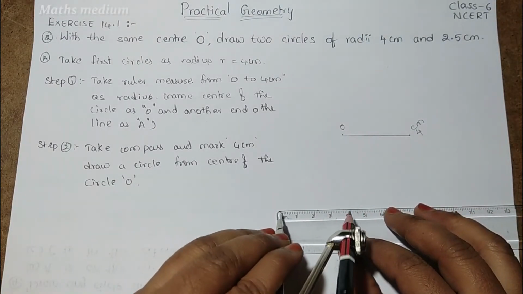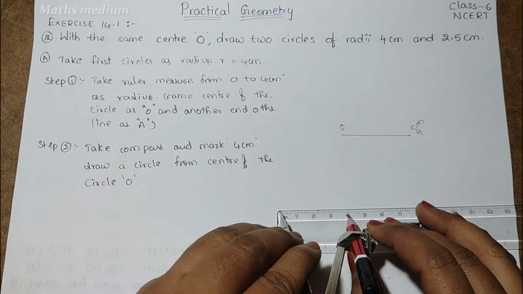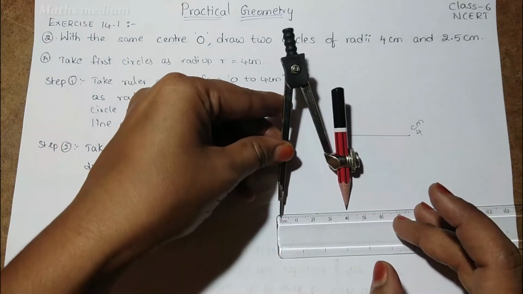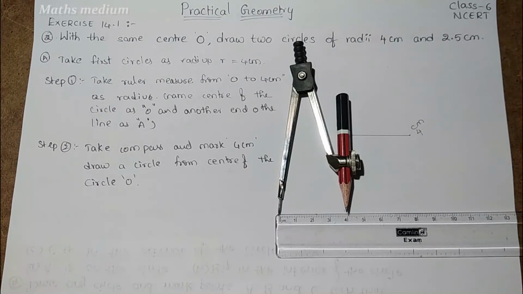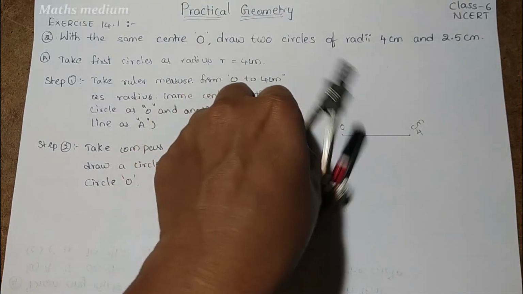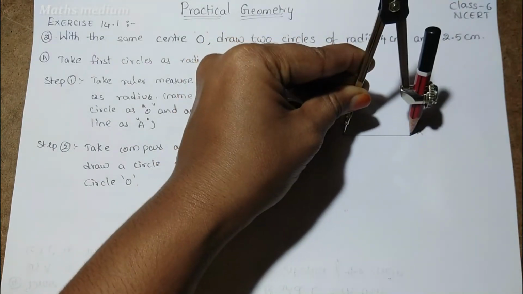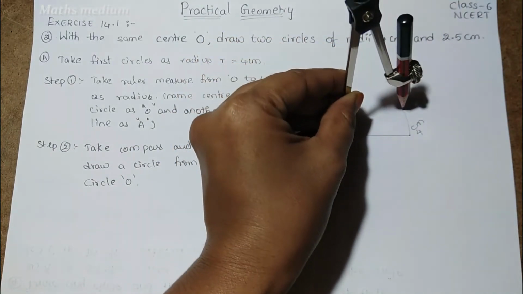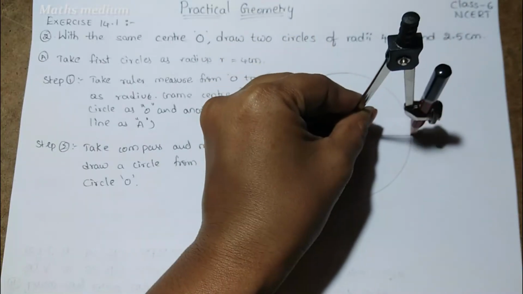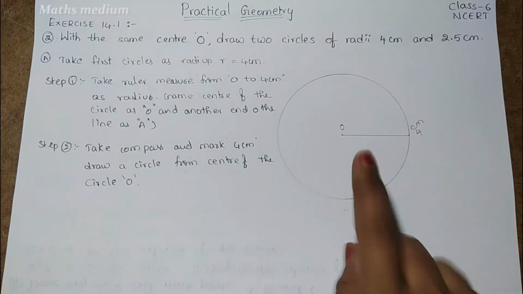Now put the pointer at 0 and this is 4. See, you can get better understanding. So this is 4 centimeters, right? So without any disturbance of the compass, see, this is also 4 centimeters. Now draw the circle like this.